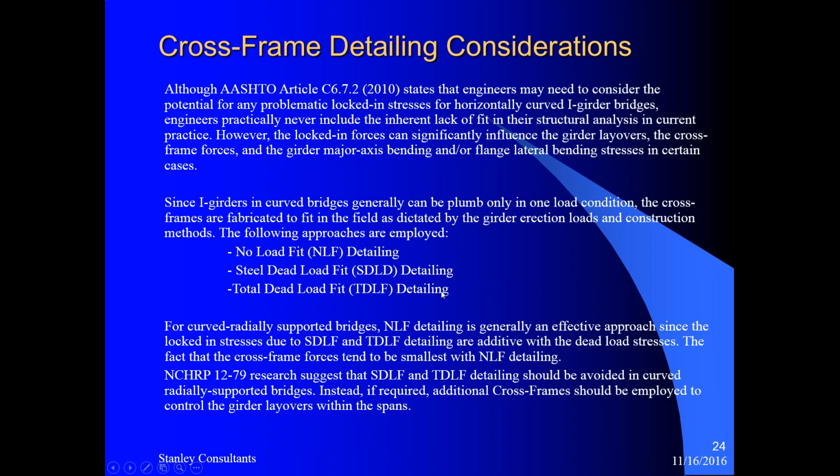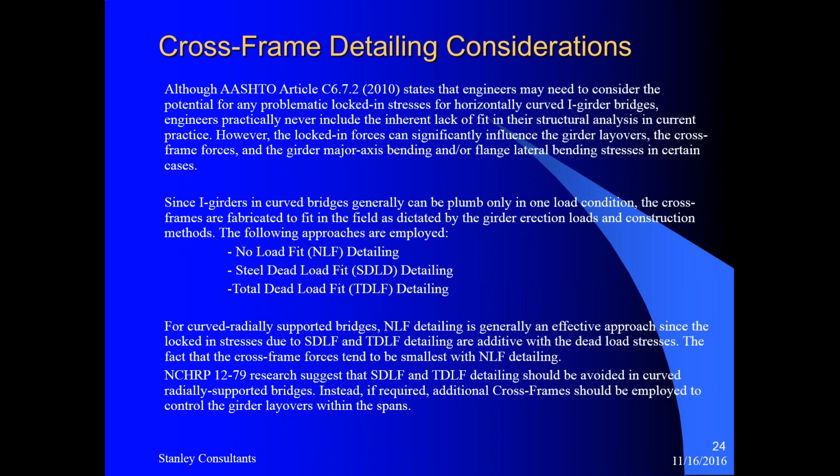But what will not work? What doesn't work is when you have a skew and a curve at the same time, usually then you will have some girder layover at supports. But what girder layover is, it's the twist.